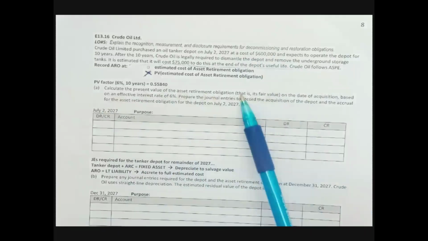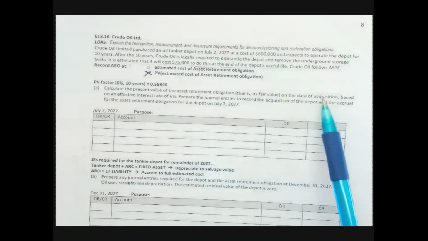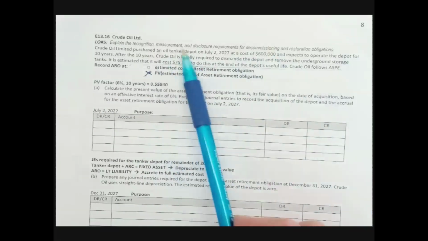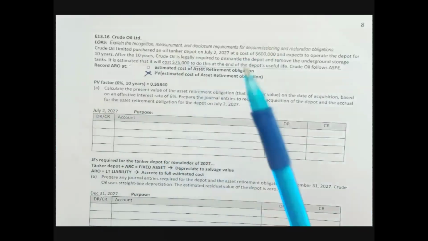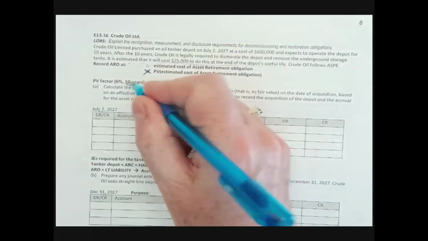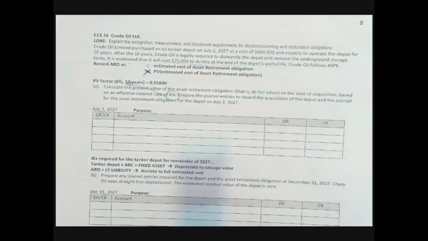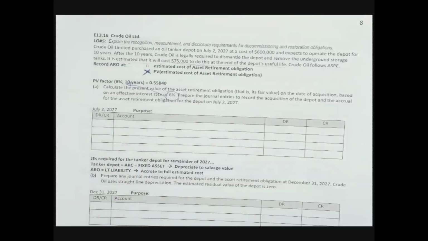That is its fair value, the fair value of the ARO on the date of acquisition, the day you purchase the oil tanker depot, based on an effective interest rate of 6%. So the 6% was actually in Part A. Prepare the journal entries to record the acquisition of the depot and the accrual for the asset retirement obligation.